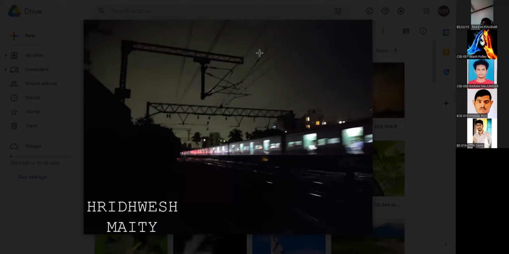I hope you have not taken this kind of precaution for taking this picture, and that's why the picture is a little blurry. Even the static objects are not properly static. Otherwise, if there could be a pinpoint focus on the static object and the train in a moving situation, then this picture may be more attractive.